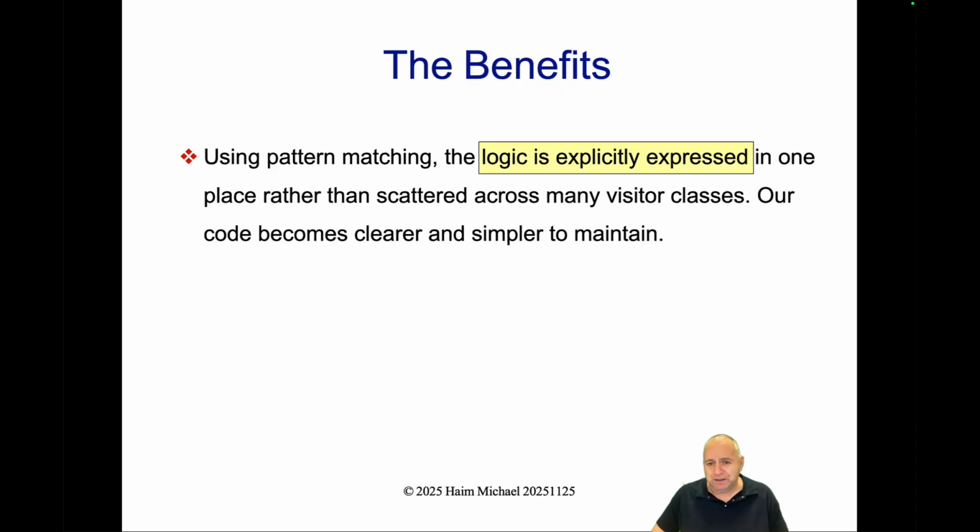Now, the last benefit I can identify is having the entire logic in one place, explicitly expressed. That turns the entire code into something that is simpler to maintain, compared to what we used to have before visitor was implemented using sealed classes, switch expression, pattern matching, and records.